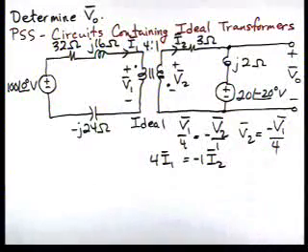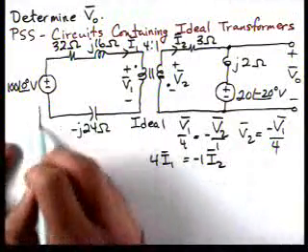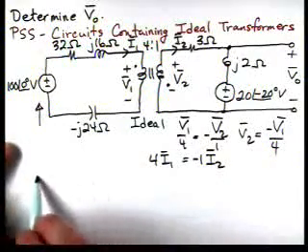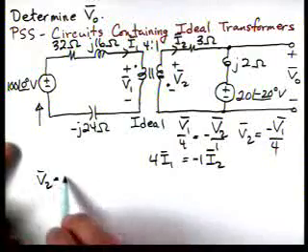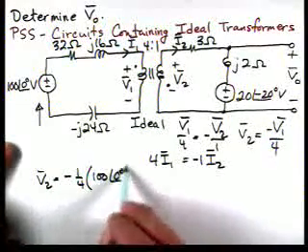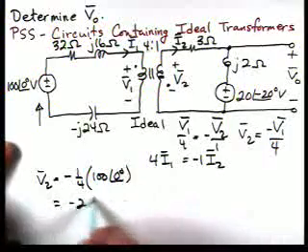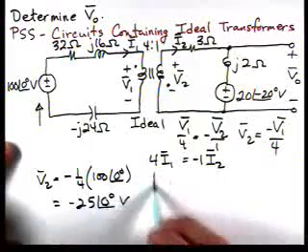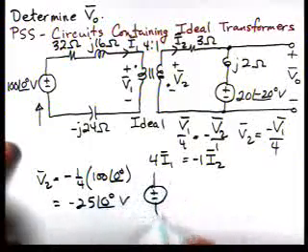Our voltage source up here is 100 at an angle of 0. If we multiply that by minus 1/4, we'll get minus 25 at an angle of 0, and we'd have a source polarized like that.